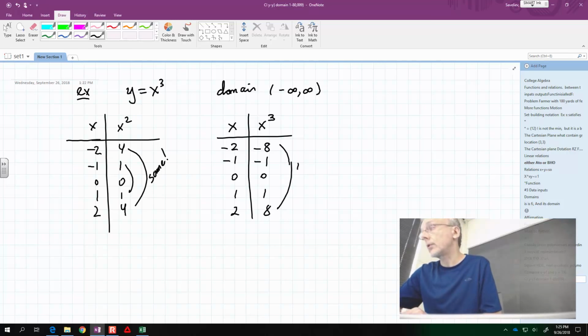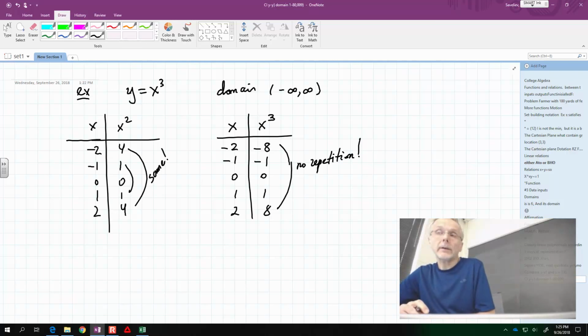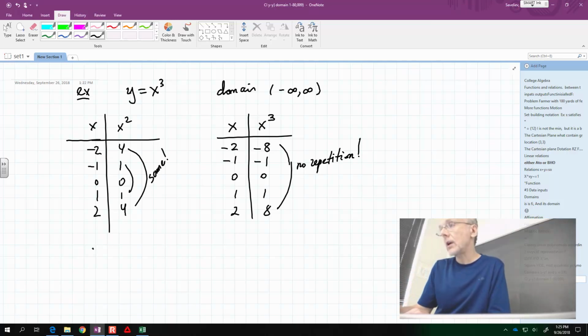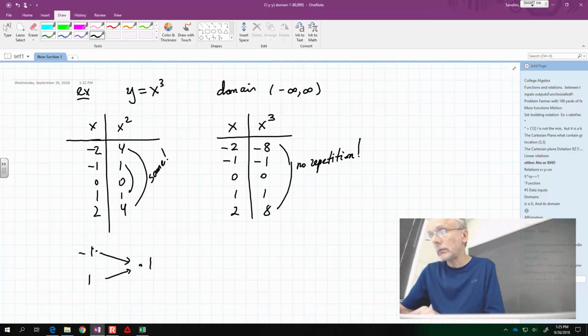So there is no repetition. Unlike x squared, x cubed has no repetitions, and so if x squared has this, both -1 and 1 end up at the same value, which is 1. Okay, that's not going to happen with the third power.